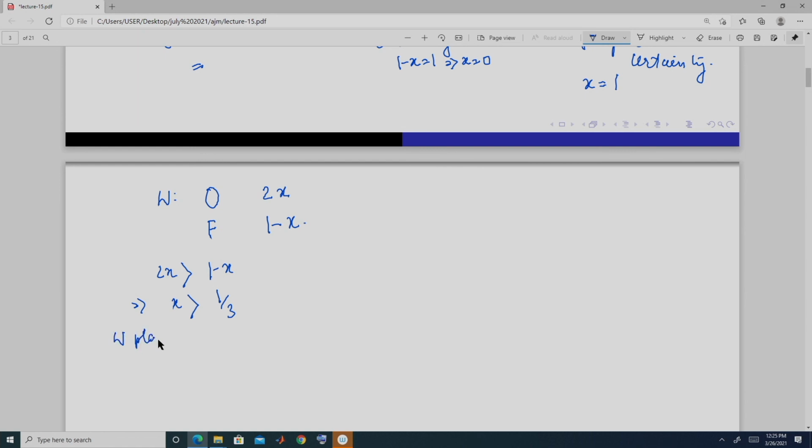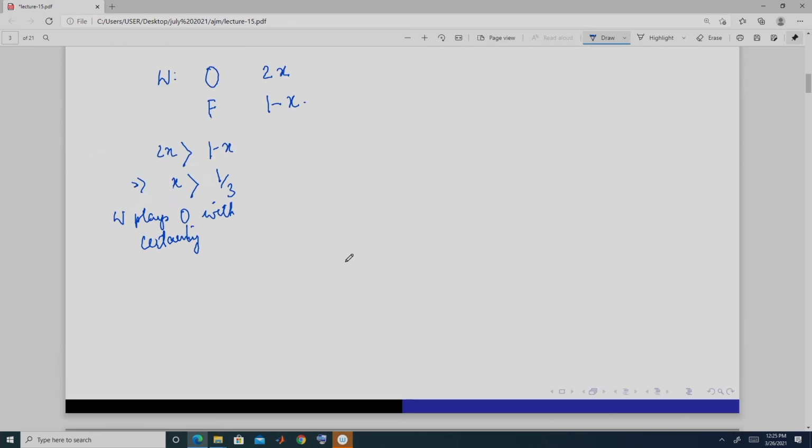W plays O with certainty. Okay? And when x is less than 1/3, W plays F with certainty.